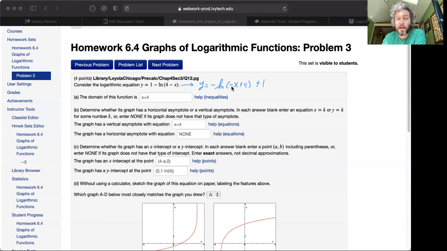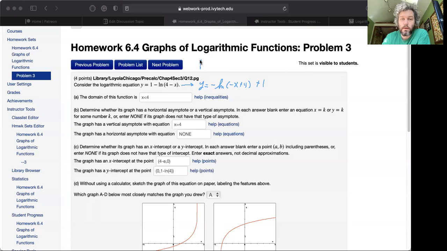Because of the negative sign here, and because of the plus 4, if there wasn't a negative sign, it would have shifted to the left, but because of this negative sign, it shifts to the right, and that's kind of confusing. This is going to change the domain of the normal function.